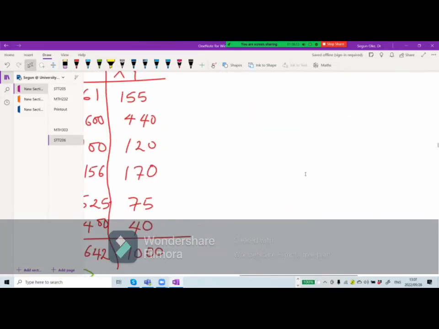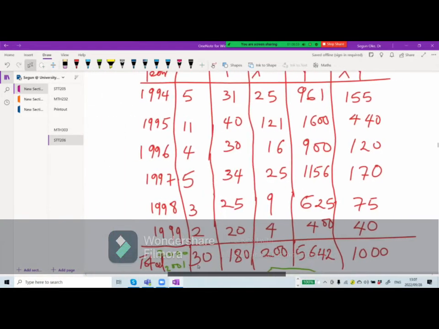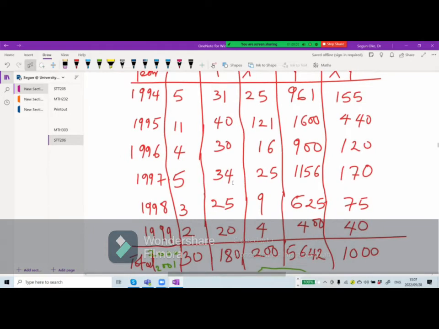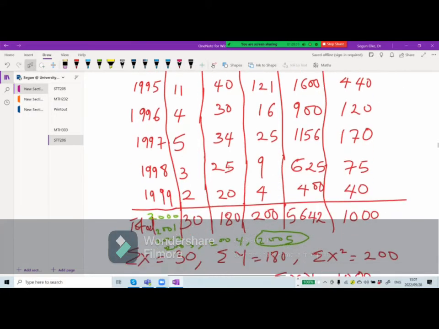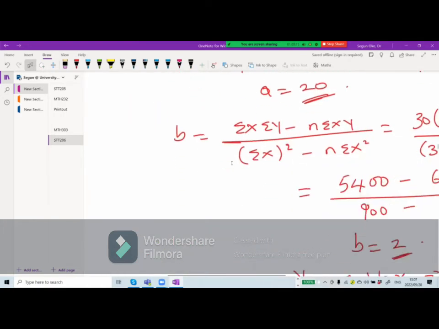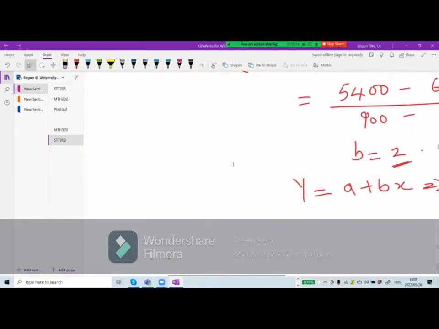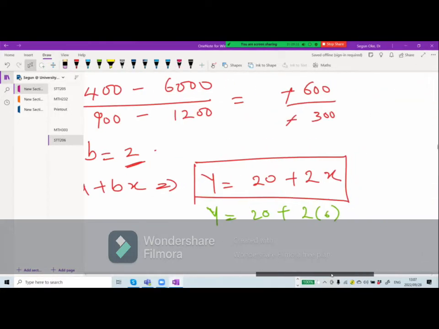What is the highest value in annual profit? 40. They made 40 million or 40 billion in, let's say, 1995. So we can now also try to project at which year we are going to make 100 billion.